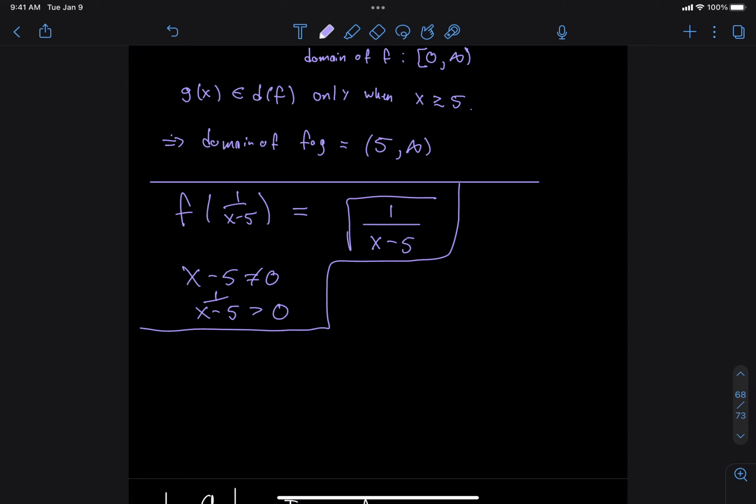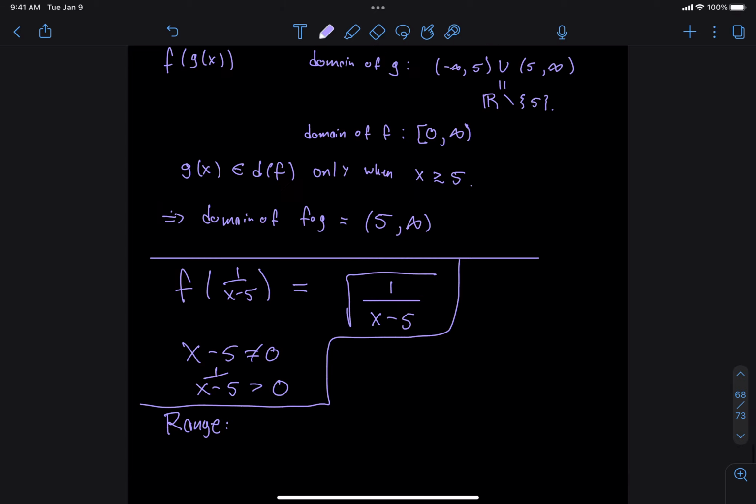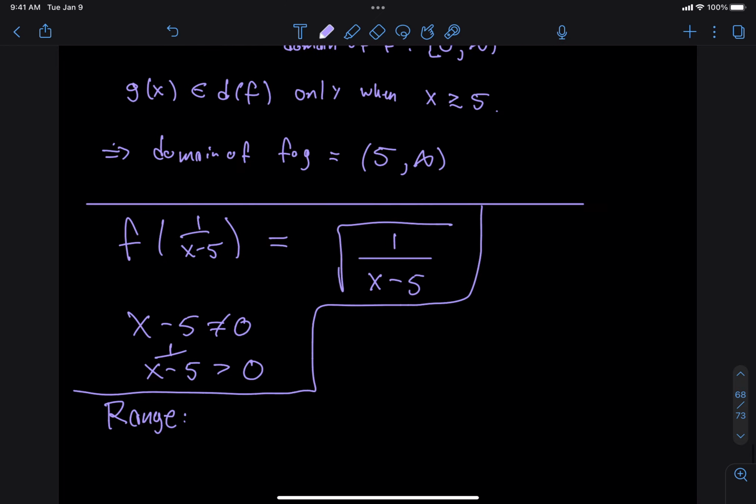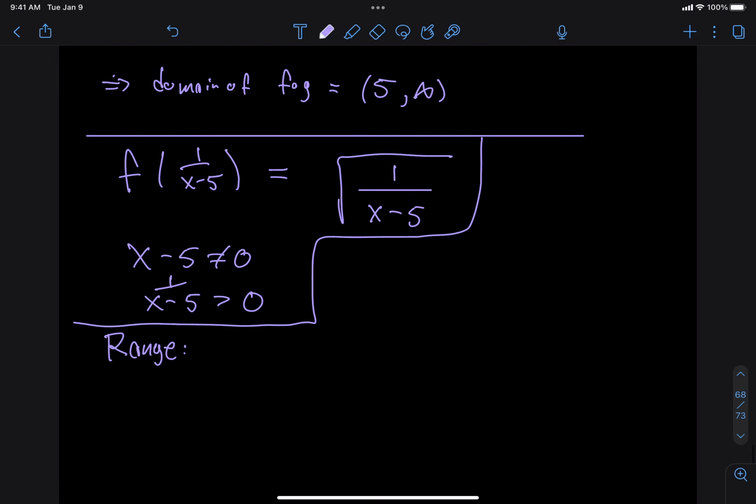Okay. The range. How are we going to do the range? Well, we are going to take the domain, which we already computed. It's 5 to infinity.